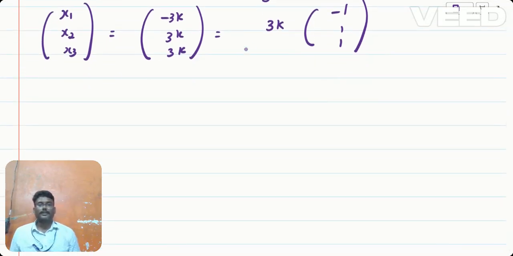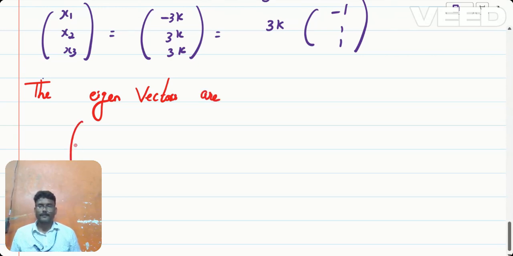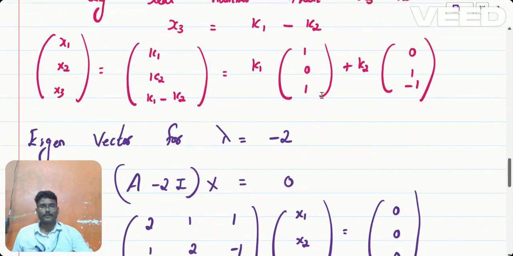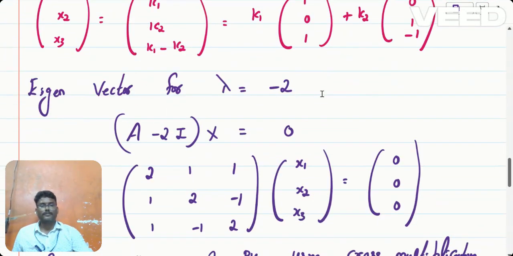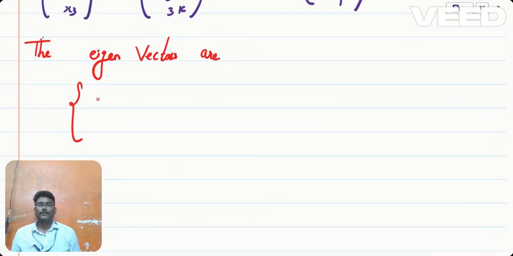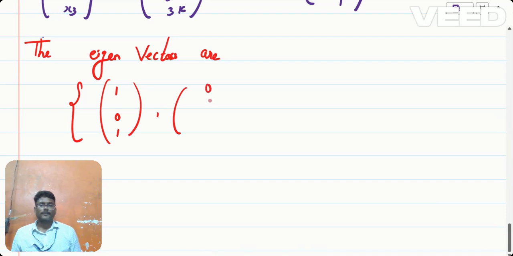So the eigenvectors are (1, 0, 1), (0, 1, -1), and (-1, 1, 1).